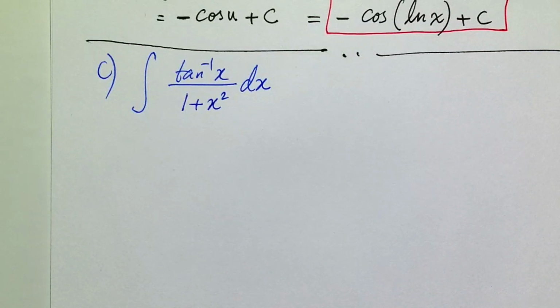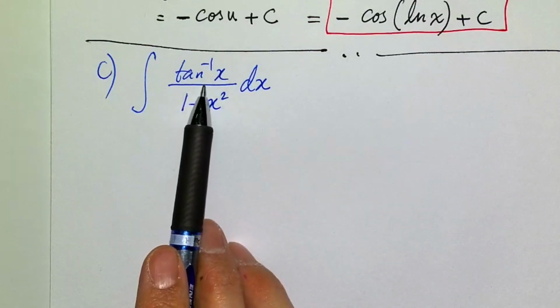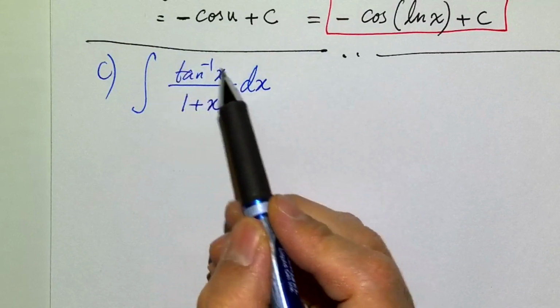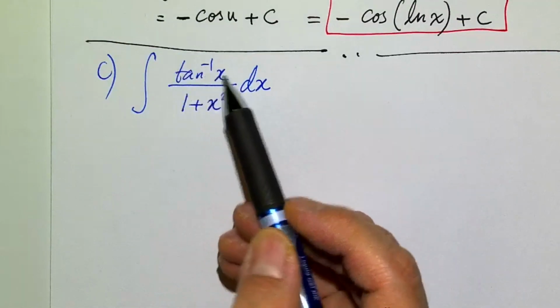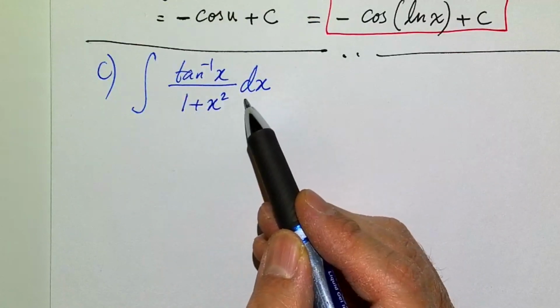So right away you should recognize that the derivative of the inverse tangent is 1 over 1 plus x squared. We learned this much earlier in this course, right? The derivative of what you see in the numerator is 1 over what you see in the denominator times dx.